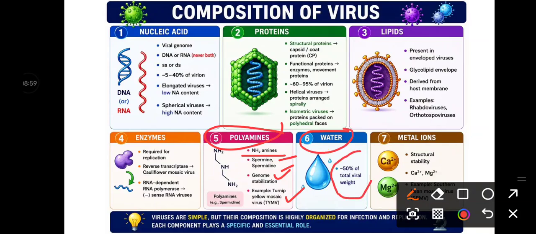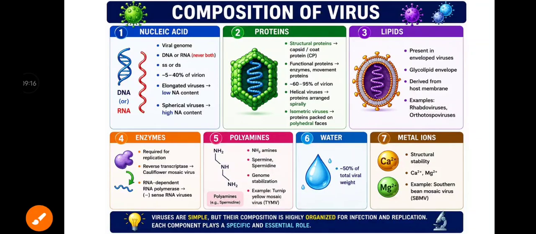Around 50% of the total viral weight is water. Next important thing is metal ions, like calcium and magnesium. Metal ions are present in viruses for structural stability. An example of a virus containing metal ions is southern bean mosaic virus.